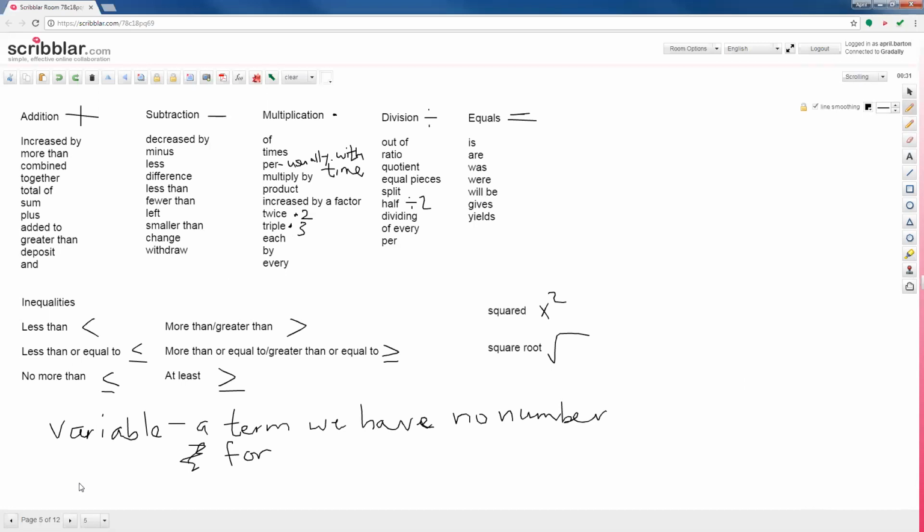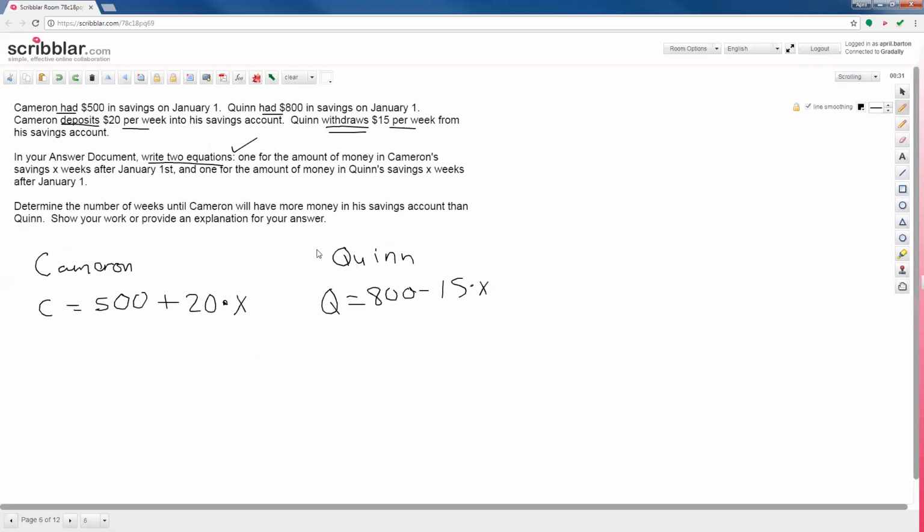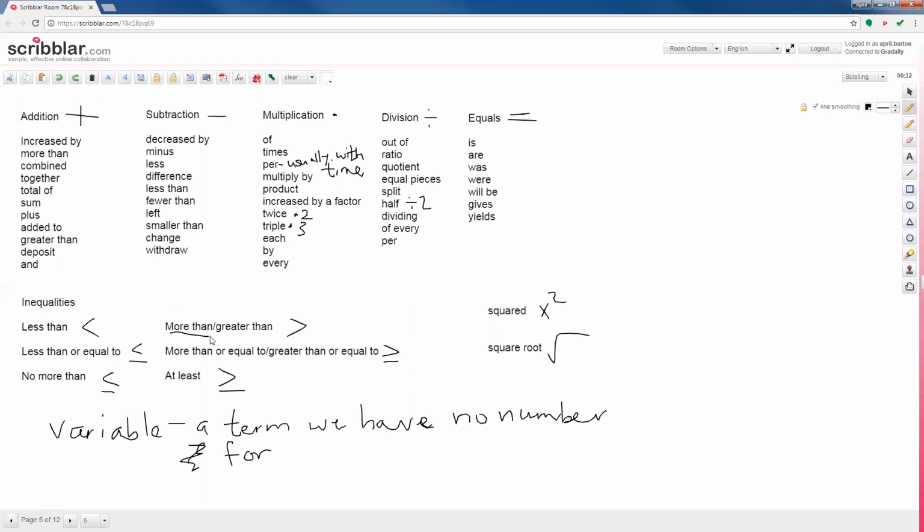So the problem with adding is it didn't actually want the total amount between Cameron and Quinn. It just wanted to physically know when will Cameron, his total amount of money, be more than Quinn's total amount of money. So there was a second more than down here where we use the greater than symbol.